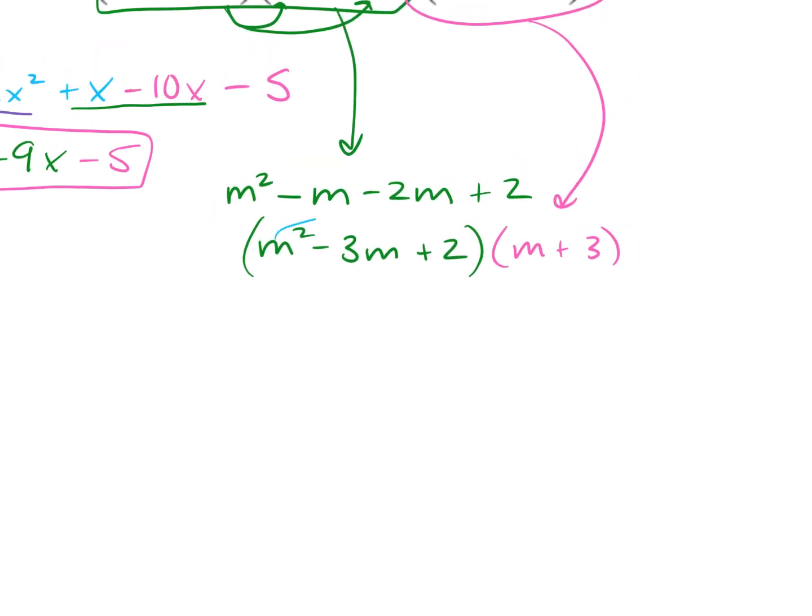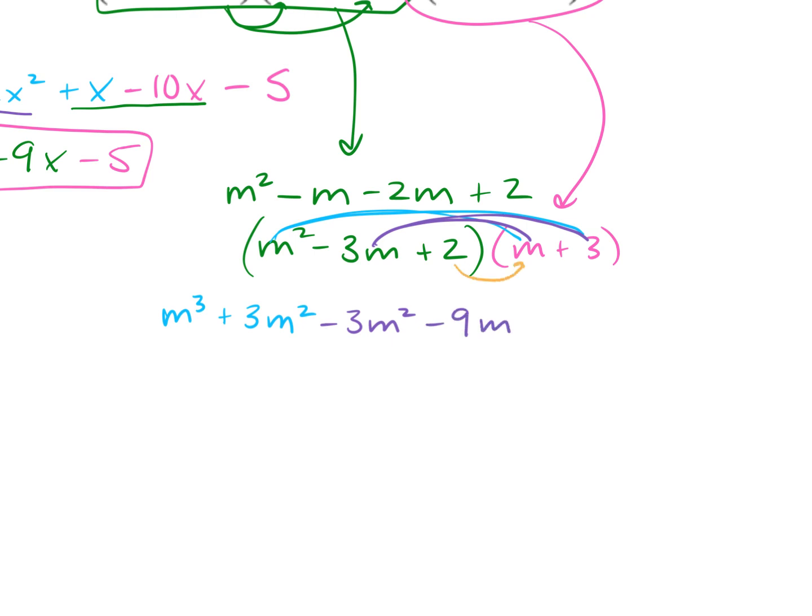So starting with the first, we have m squared times m, m to the third power, m squared times 3, 3m squared. Then negative 3m times m, negative 3m squared. Negative 3m times 3, negative 9m. 2 times m, 2m, and 2 times 3, 6.